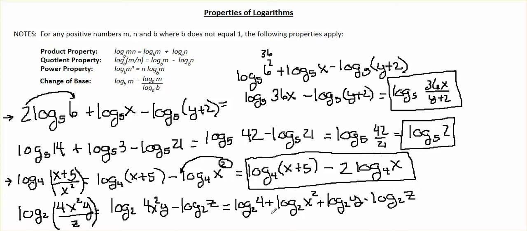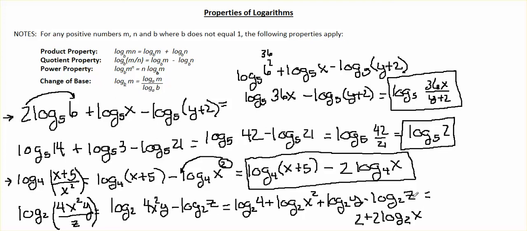All right, so let's take a look at these. I know what this is. 2 raised to what power is 4? It's just 2. So I'll write 2. Now I'll take a look at this one. The only thing being done in here is we have a power. Let's move our exponent to the front. Plus 2 log base 2 of x.